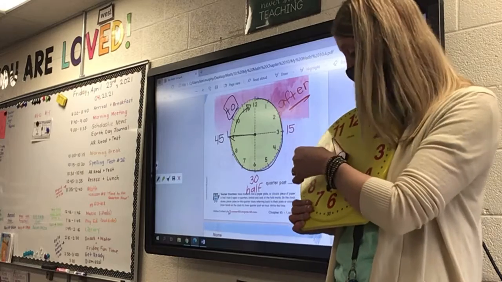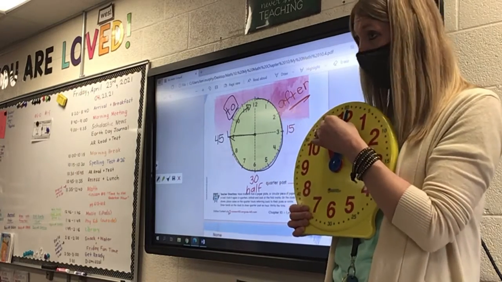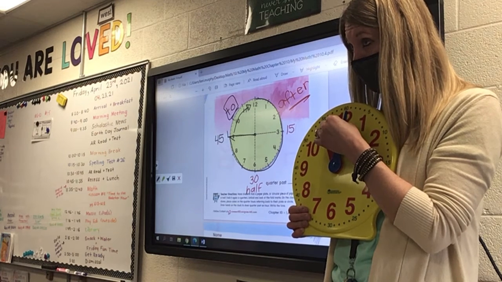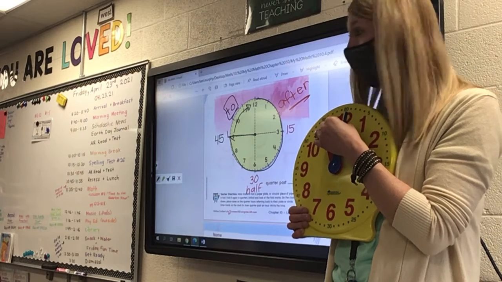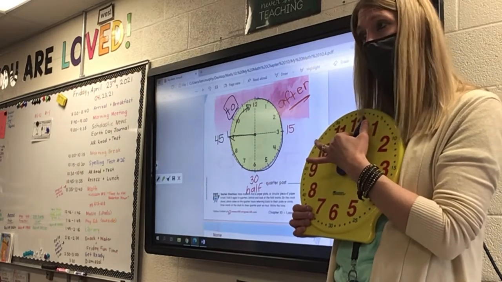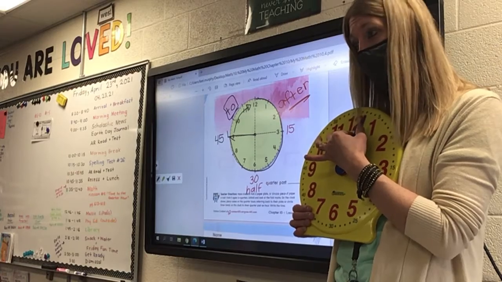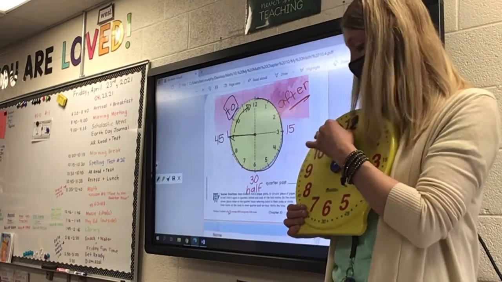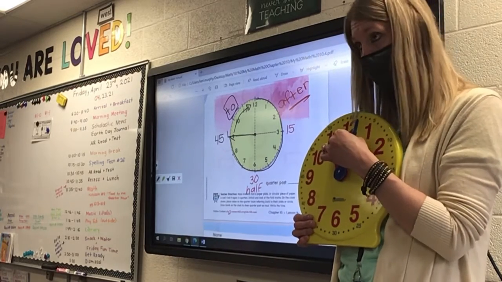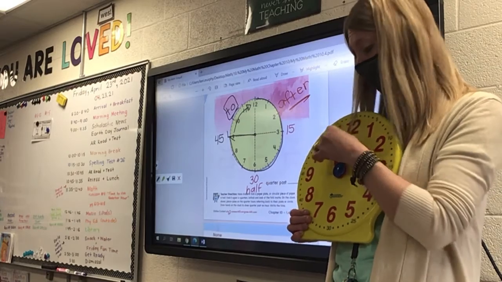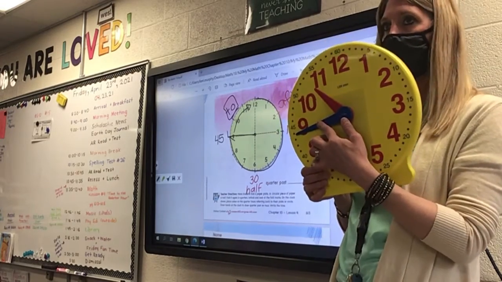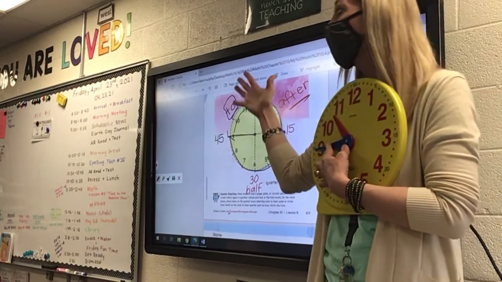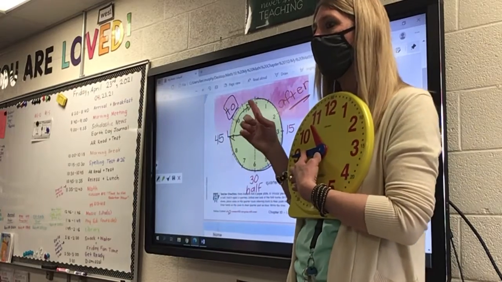Look at the hour. We go from 10 o'clock to 11. So this is a quarter to 11. What time, John? Quarter to 11. Okay, this time's a quarter to 11. So we always have to say it's quarter to the next hour, because it's almost there. It's so close, but it's not quite there yet.